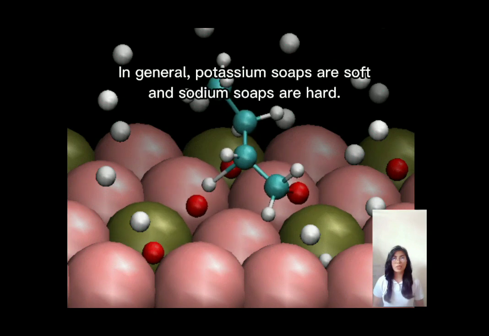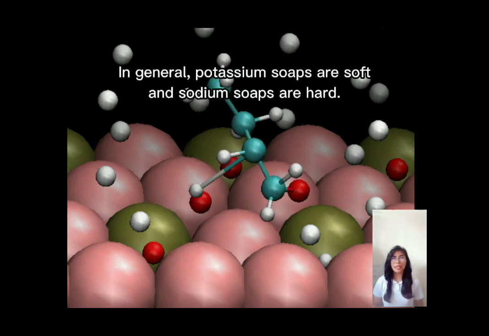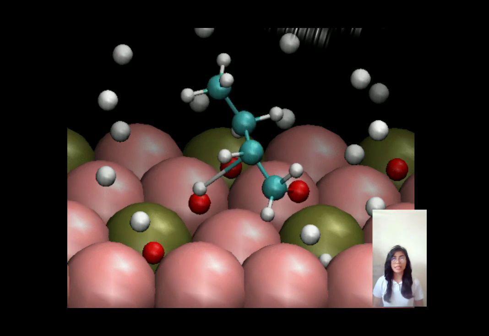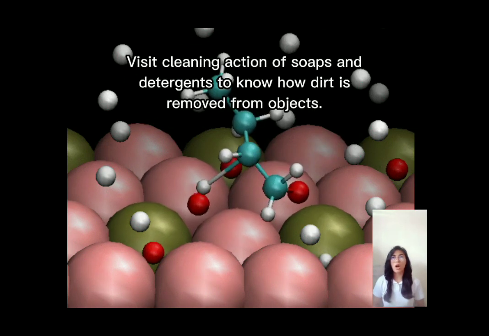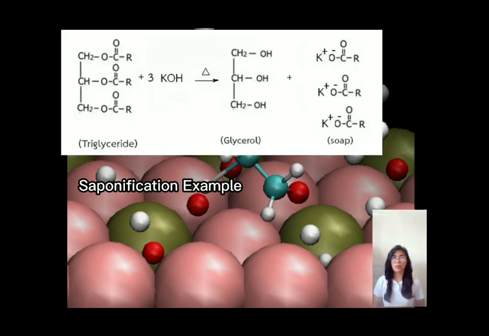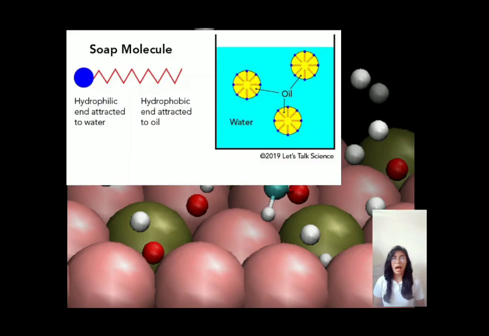In general, potassium soaps are soft and sodium soaps are hard. Visit cleaning action of soaps or detergent to know how dirt is removed from objects. Saponification examples: glycerol and soap. Soap molecule: hydrophilic and attracted to water, hydrophobic and attracted to oil.